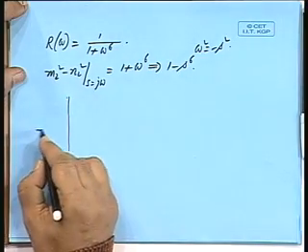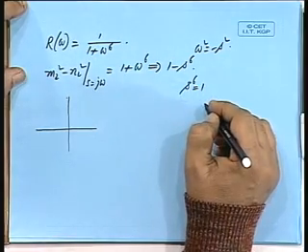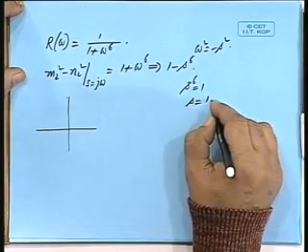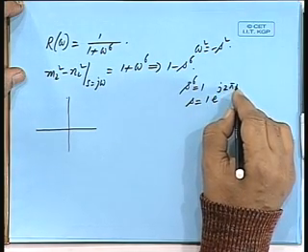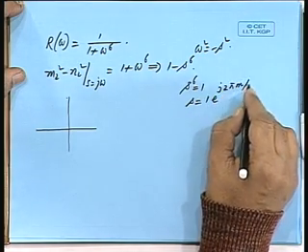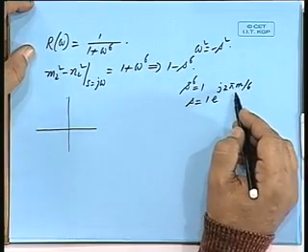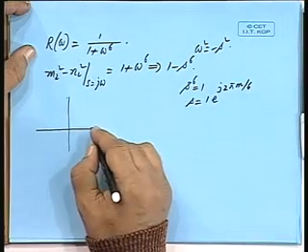If I factorize, s to the power 6 equal to 1, then s will be 1 e to the power j 2 pi m by 6, where m is an integer. So the values are, m equal to 0 means this one.